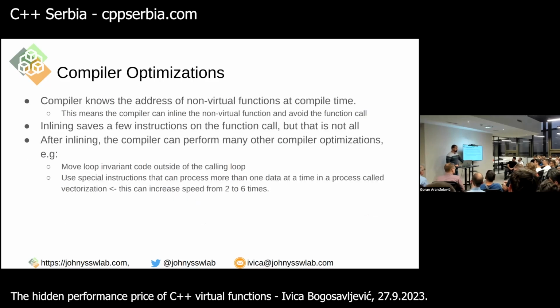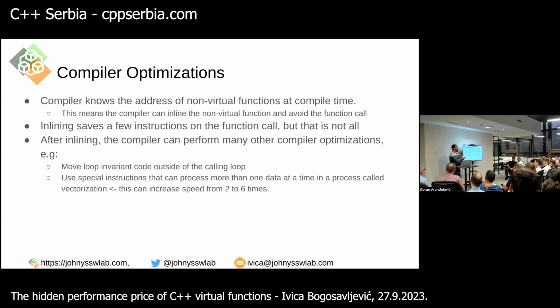Next thing about virtual functions is related to compiler optimizations. And what is the catch here? Now, when compilers do optimization, one of the most important optimizations is inlining. So what's inlining? Your code calls a certain function, and the compiler takes that function and copies its body to the place where you made the call.